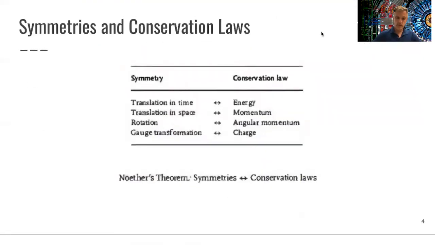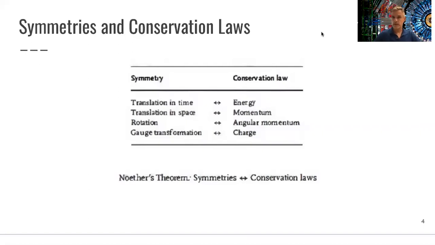To come back to symmetries and conservation laws, every symmetry of nature yields a conservation law. That is what Noether's theorem tells you. And you can reverse this, saying that every conservation law in physics reflects an underlying symmetry. Examples for this are the fact that the laws of physics are invariant under time translation, meaning that physics is the same yesterday, it's the same tomorrow, and it's going to be the same next week.